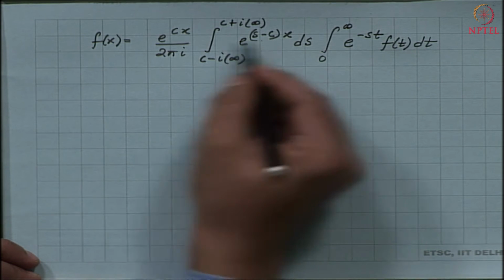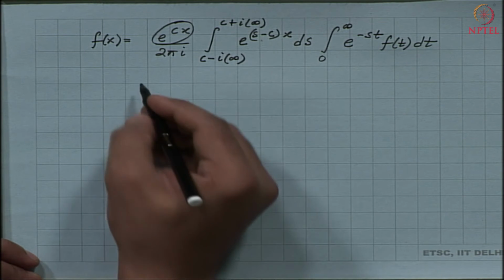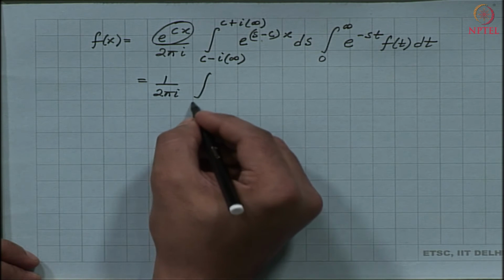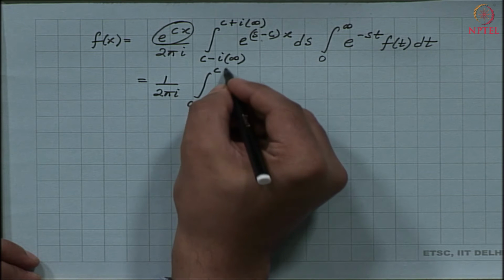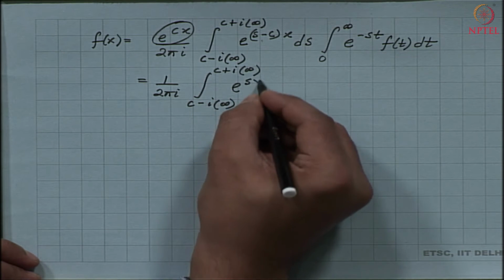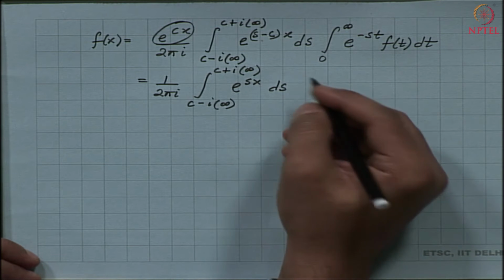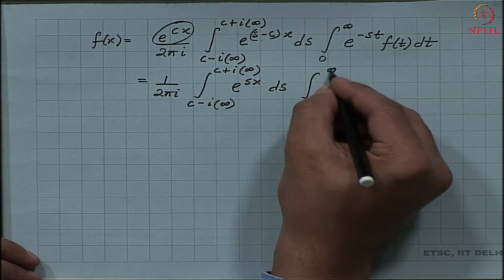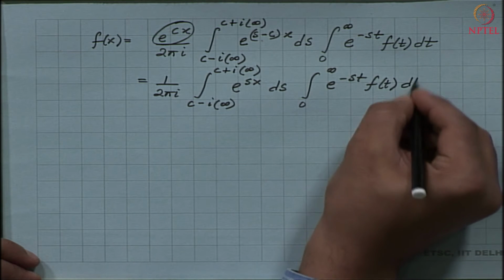Now, I can absorb this e to the power c x inside and I get the following expression: 1 by 2 pi i, integral from c minus i times infinity to c plus i times infinity, e to the power s x ds, times integral 0 to infinity e to the power negative s t f of t dt.